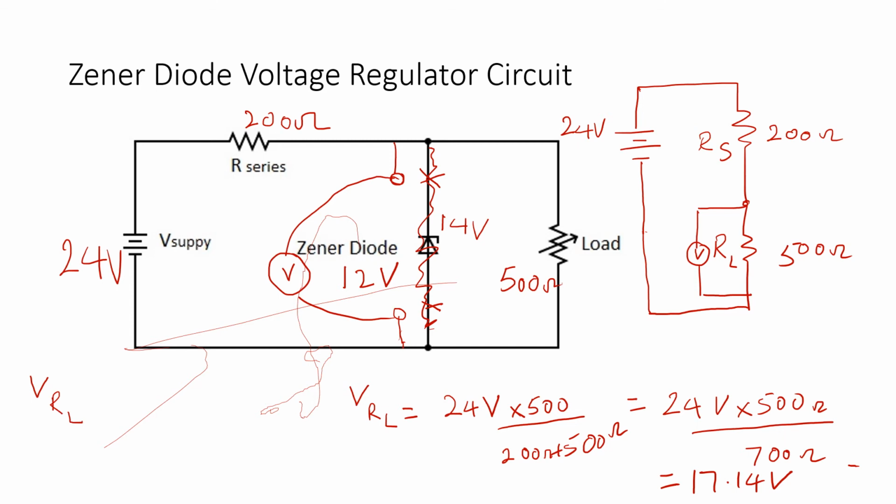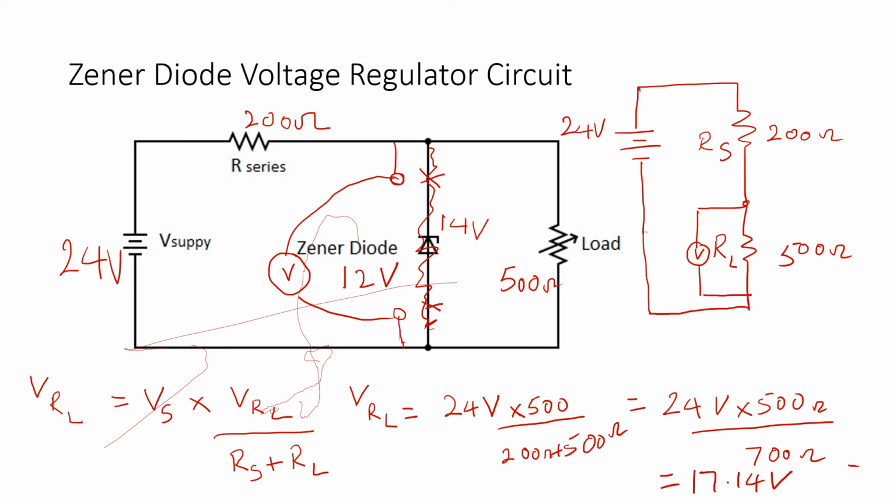VRL will be equal to the V supply multiplied by RL divided by the R series plus the RL.